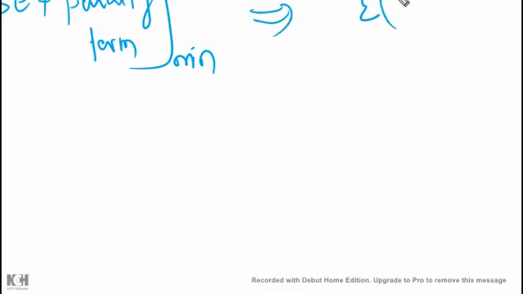SSE we know, that is (y minus y hat) whole square. This is SSE. Now, what is the penalty term? The penalty term is nothing but alpha into slope square. Whatever the slope is, the slope square. That is the penalty term, and this should be minimum. By adding this penalty term, we are reducing the overfitting problem.